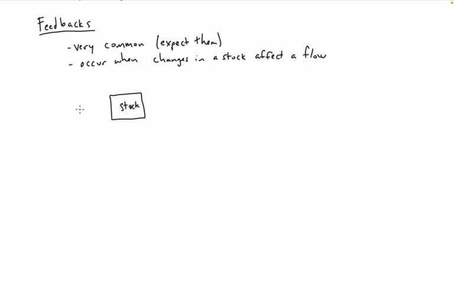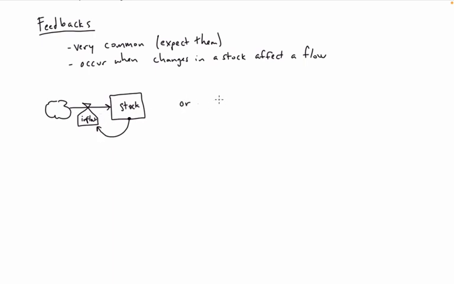There's a stock. Maybe in this case we have some inflow. Something's coming in. And the amount of the stock affects the openness of this valve, for example. So this is one possibility.